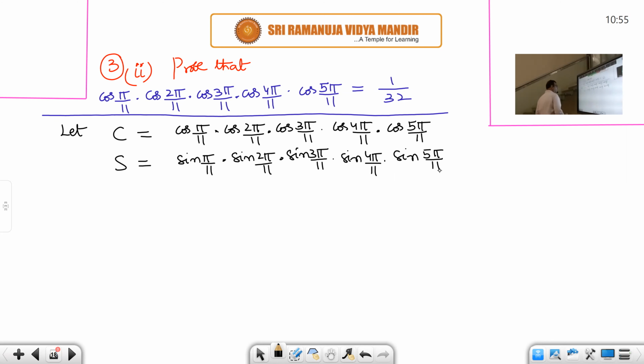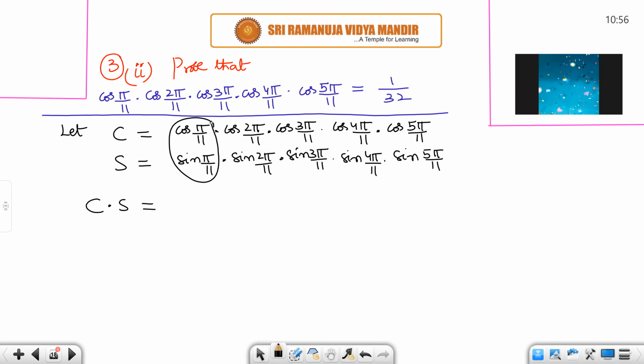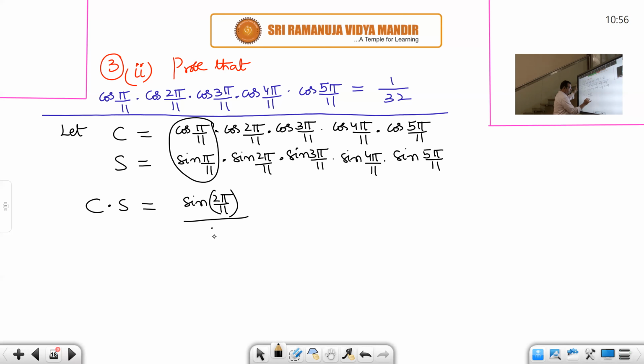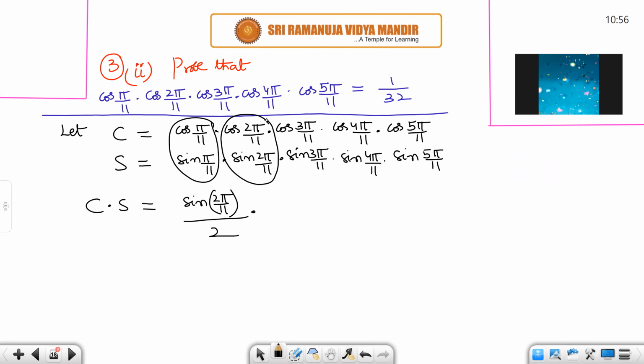Then what we have to consider, Madhuri? C into S, sir. First, the product of these two can be written as what? Sine 2 pi by 11 by 2. Next, product of these two: sine 4 pi by 11 by 2.